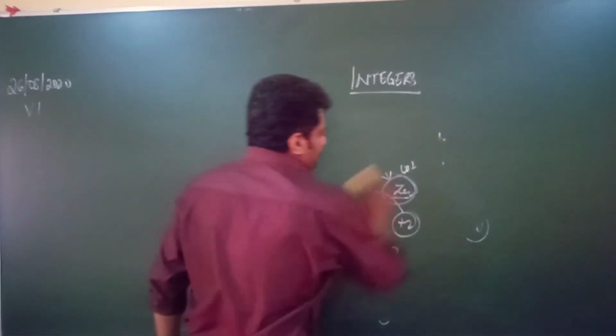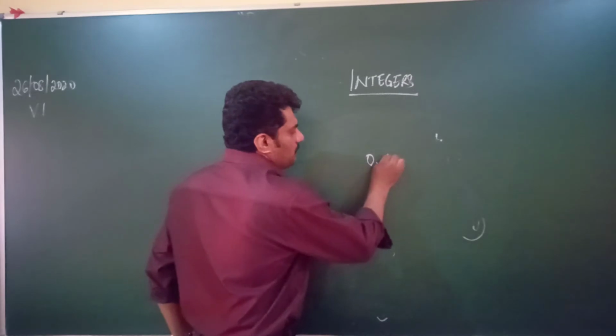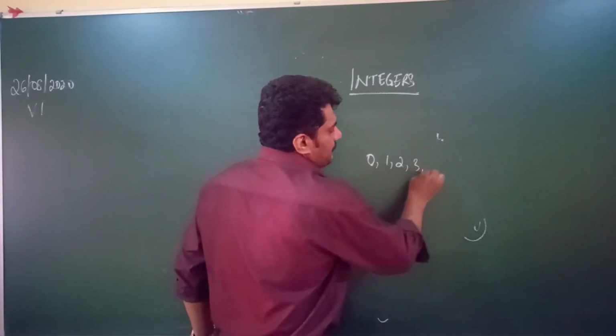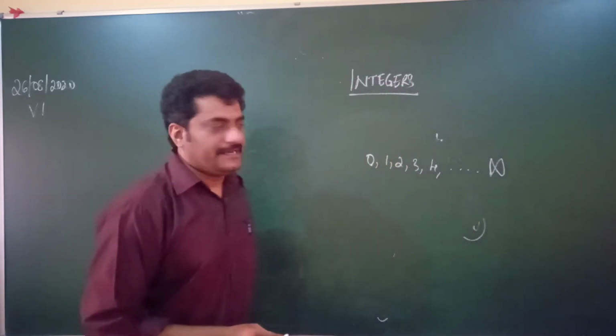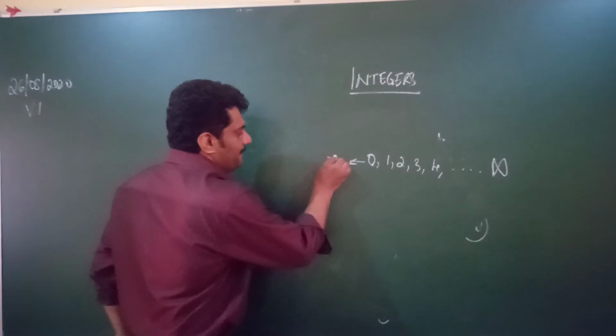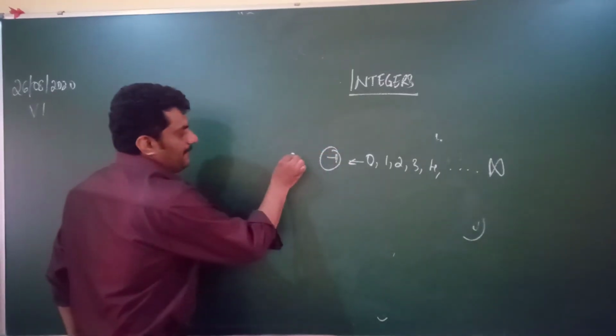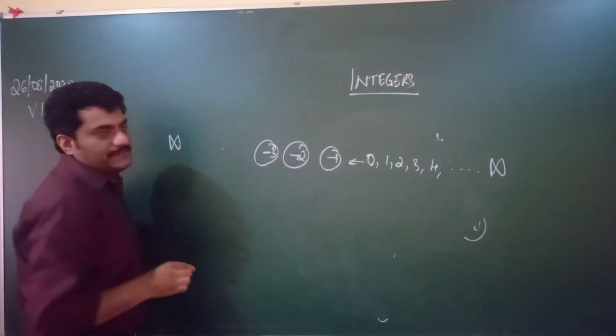Now again, we already know that the numbers start with 0, 1, 2, 3, 4 and go on up to infinity. Similarly, before 0 we have negative 1, negative 2, negative 3, and the numbers go on up to infinity.